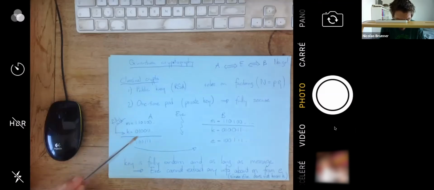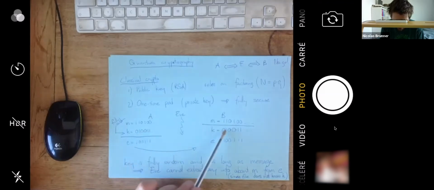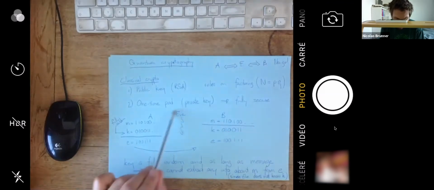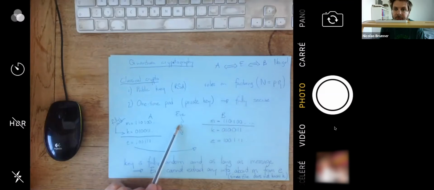So imagine that A and B never met. How are you going to establish a private key from A to B in a way that is oblivious to Eve? Alice has an authenticated channel, so Alice could write on her web page, this is the key. Of course, this doesn't work because Eve can read that.